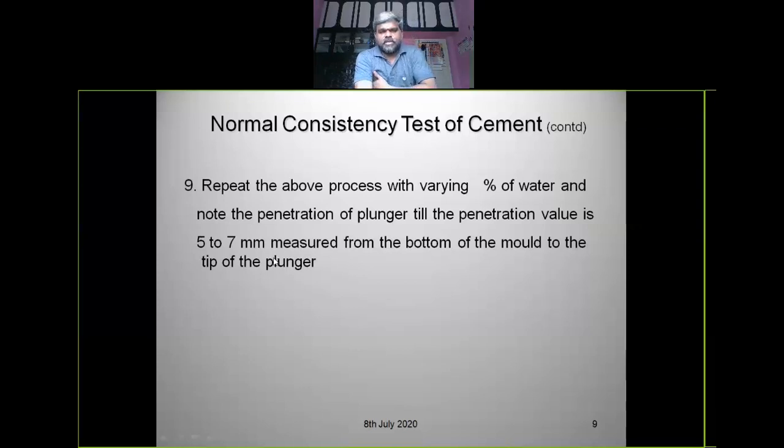So it should have a penetration of 5 to 7 mm. To get this value you have to make trial and error and vary the percentage of water added to the cement.